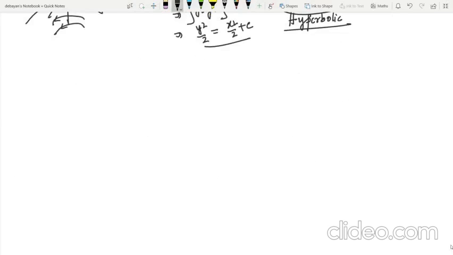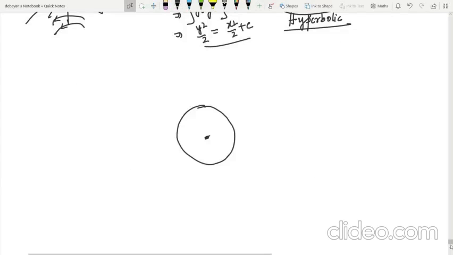Say this is given, say R1 is the radius with charge Q1, and this is the cell, say radius is R2 and the charge is plus Q2.